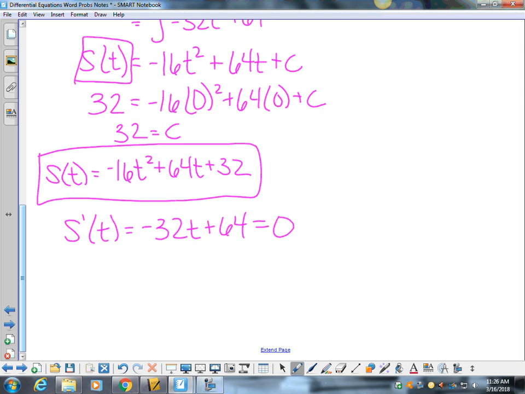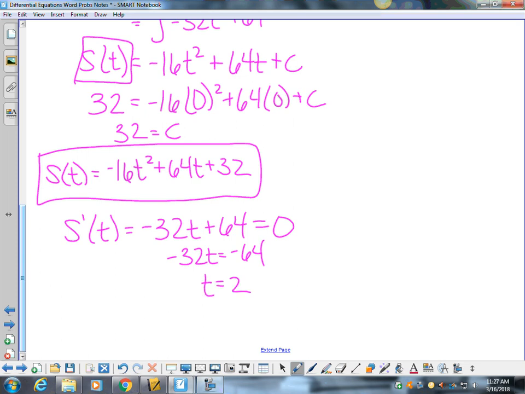You're going to set it equal to 0 because I want the slope of the tangent line to be 0, because that's how I know I've hit a max height. So I'm going to subtract 64, divide by negative 32, and I get t is 2.